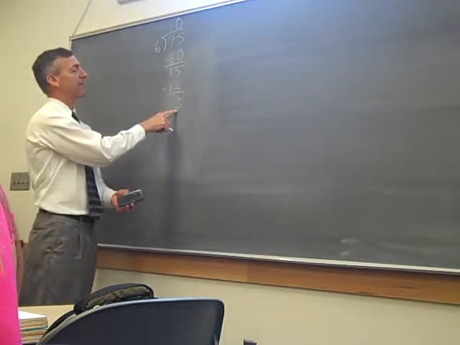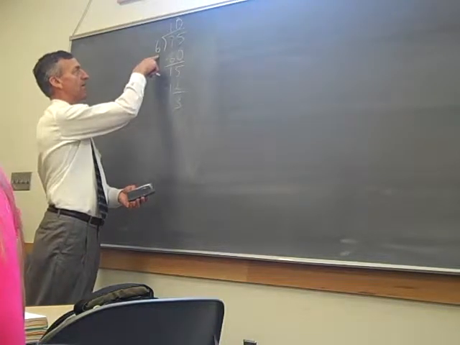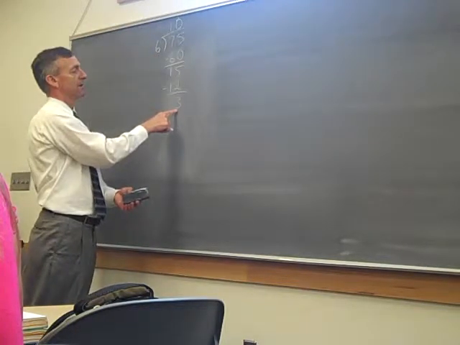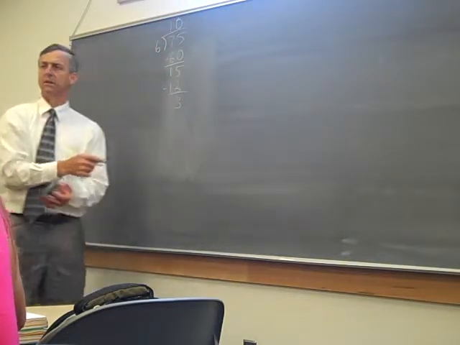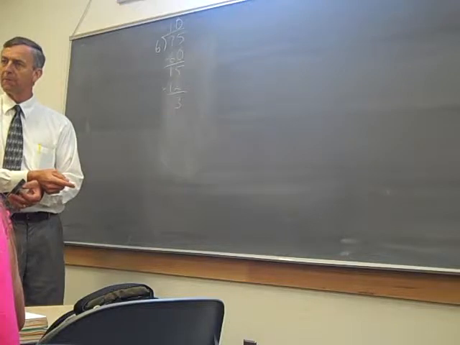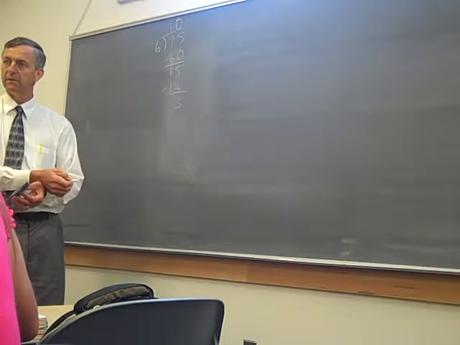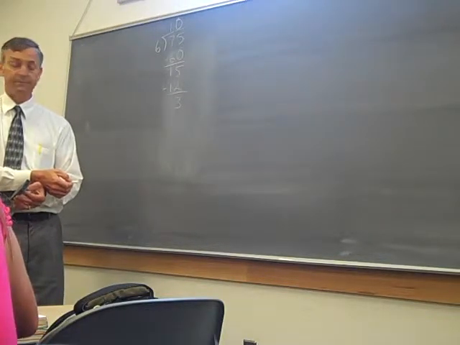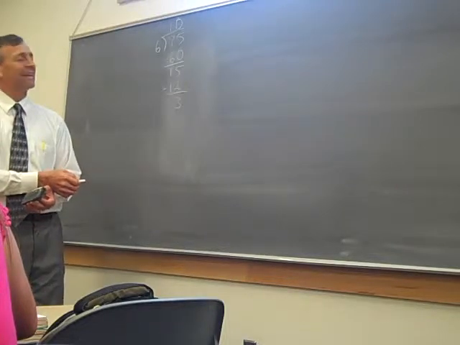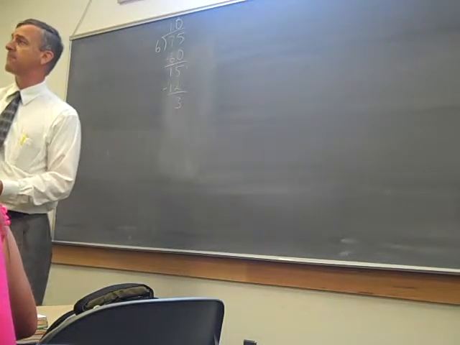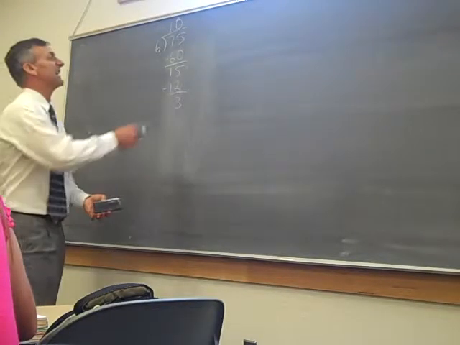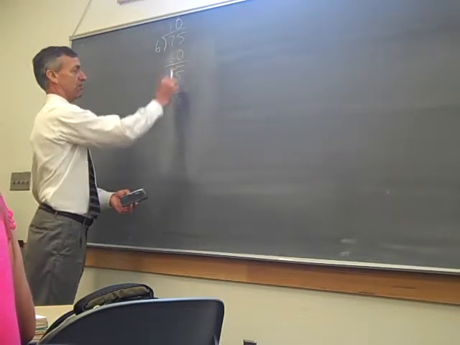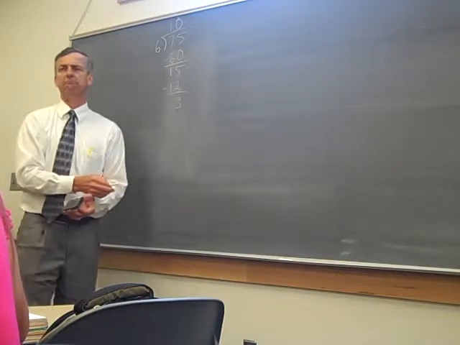And then as soon as I get down to a number that's less than the divisor, I stop. That's my remainder, and my quotient is this plus that. Does that make sense? So you stack it up, and then just add it up. And it's based upon the fact that it's repeated subtraction, but I'm taking it out in big chunks, not one at a time.